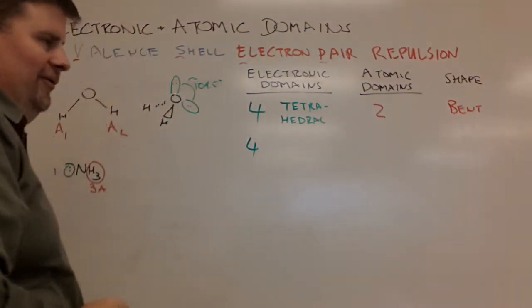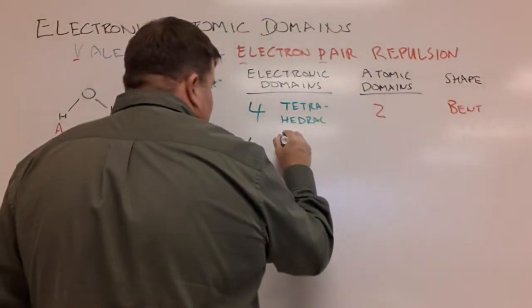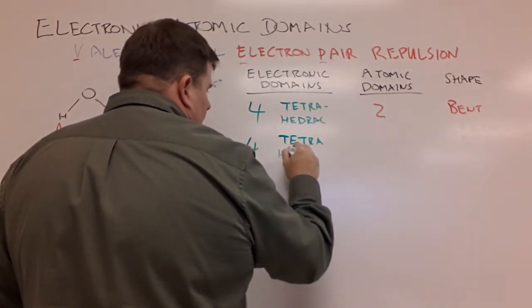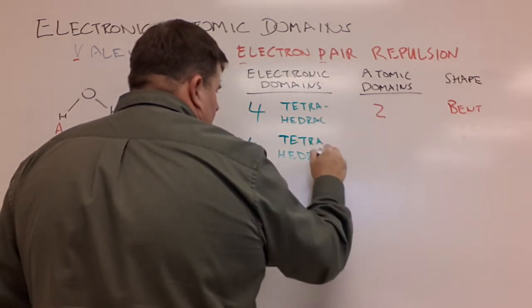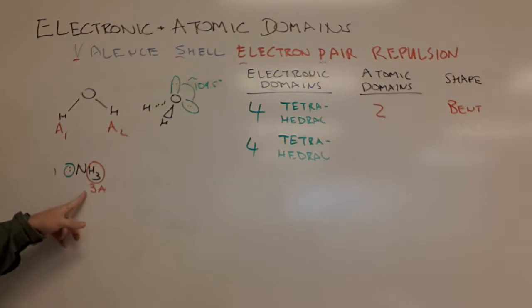And what do we have when we have a 4 electronic domain structure? The electronic shape is going to be tetrahedral. Okay, just like methane. And what am I going to do for the atomic domain? The atomic domain is what? I've got 3 here. Okay?